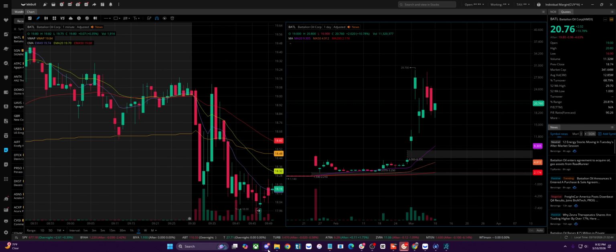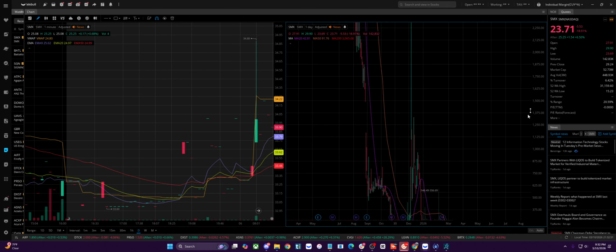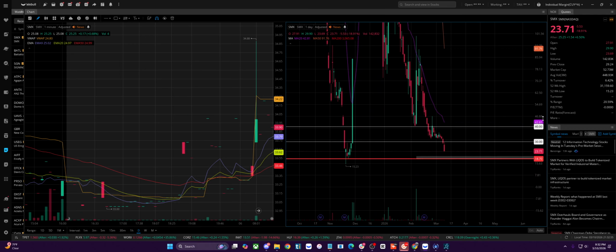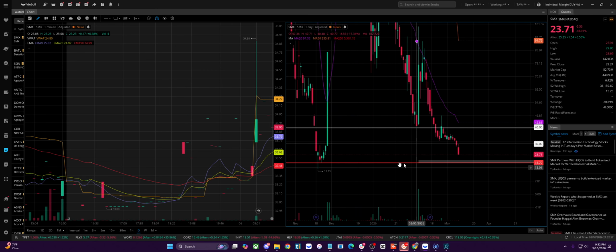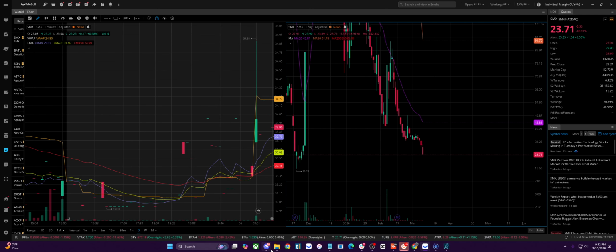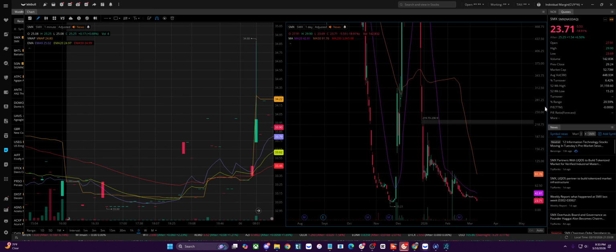Look at SMX. How would you look at a daily on something like that? That's the one that ran. Gosh, this was a pretty wild move. Pretty ugly though now, isn't it? How would you look at this? Well, for one, you wouldn't. There's no real way to look at this. Look at all the splits. I've got mine set to adjusted, so I'm not going to be able to see all of those splits.